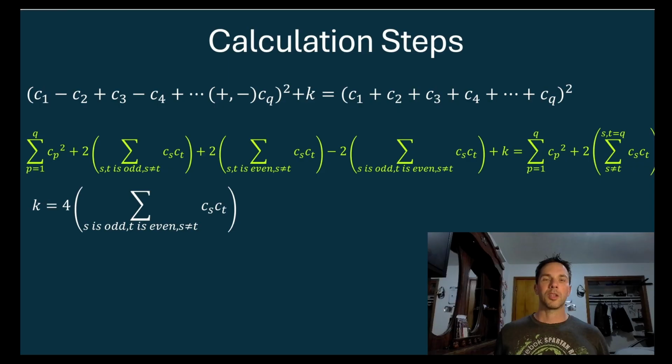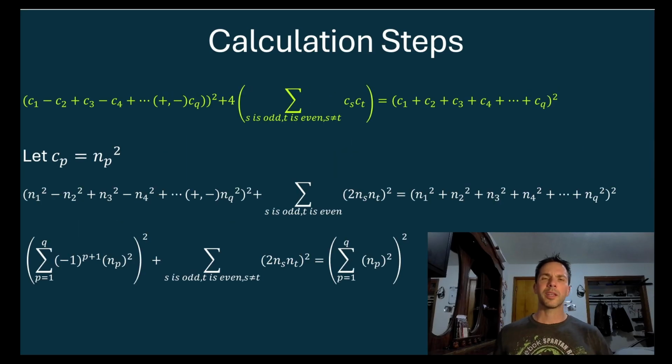Any combination where on the left side it's negative just turns into a 4 because I have to solve for that. So we end up getting our k, where k is going to be 4 times this summation where s is odd, t is even, and s cannot equal t. Obviously, s cannot equal t if s is odd and t is even. I really just kept that there for good measure. Probably a little tired when I did this slide.